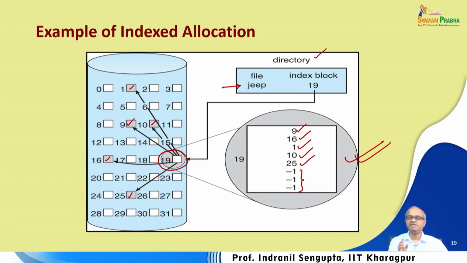All these methods have some vulnerability in case there is some problem in the disk, some corruption in the disk. One way out is that many operating systems maintain something similar, but they maintain a shadow copy of the index files.